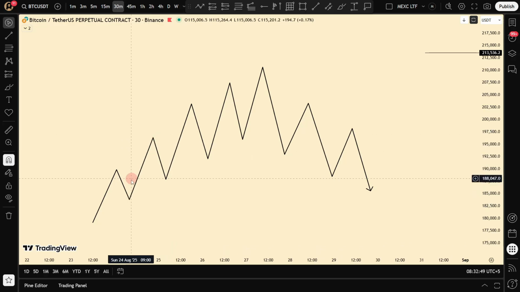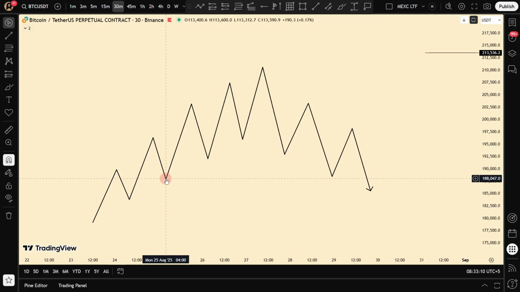We call it the impulse wave, impulse swing, impulse leg, whatever you want to call it. And once we start pulling back, this is called retracement. It's pretty simple. So we have a starting point, we make a high, then we retrace, and then we make a higher high, then we retrace back.